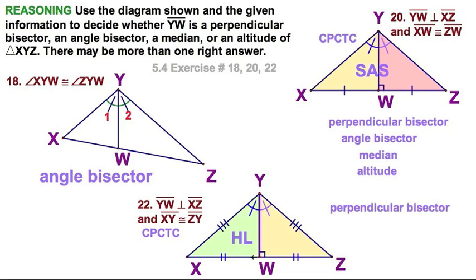I see perpendicular, I see bisect. That's going to give me angle bisector. I've got 2 congruent angles. And let me see, the median, vertex to the midpoint of the opposite side. That's a median. And from a vertex perpendicular to the opposite side, that is an altitude. Whoa, another one, 4 for 4.